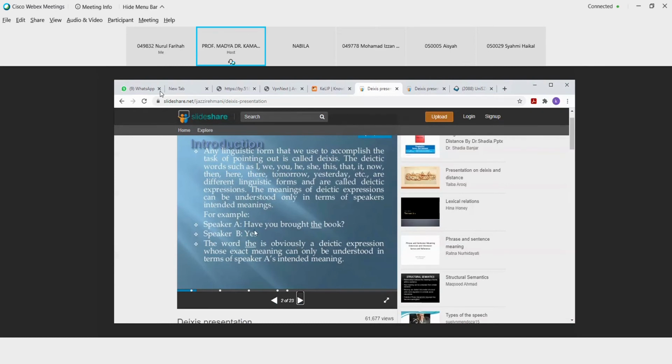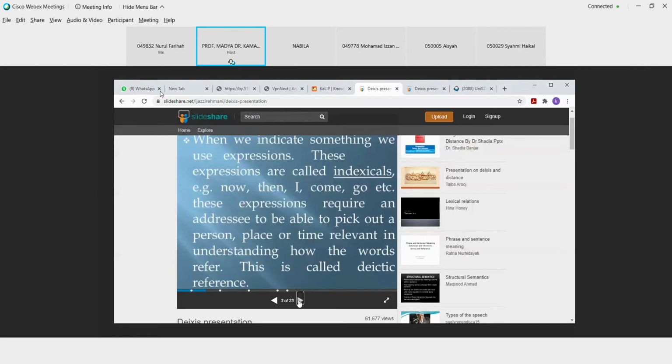Speaker B just says yes, but which book? There are so many books, so the meaning can only be derived from speaker A. This is what we are going to learn today regarding pragmatics.